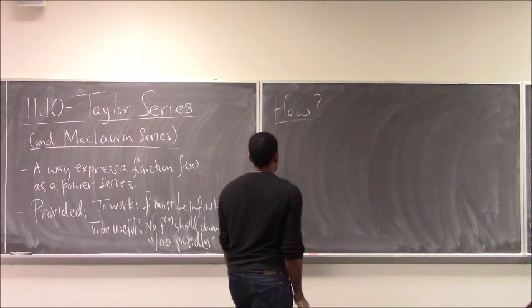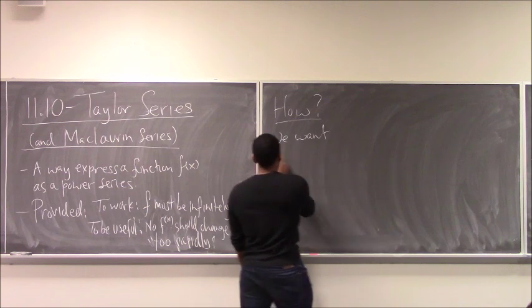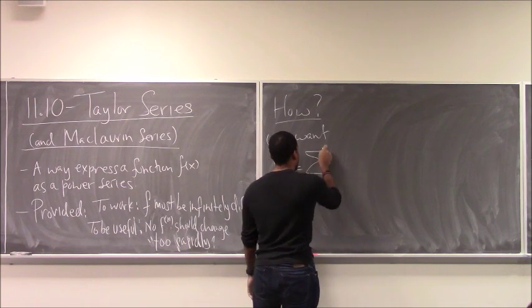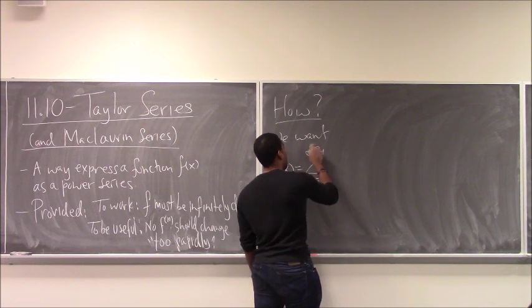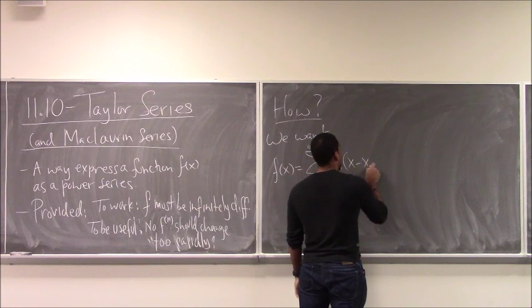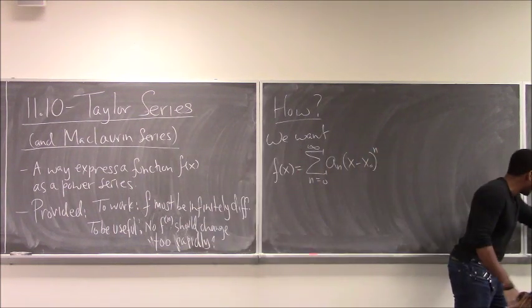So we want f of x to equal a series, n goes from 0 to infinity, of a_n (x minus x naught) to the n. Now, we defined this before. This is called a power series centered at x naught.